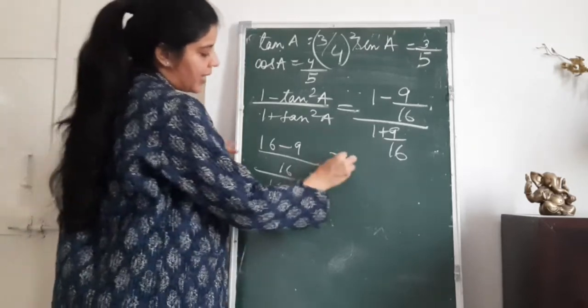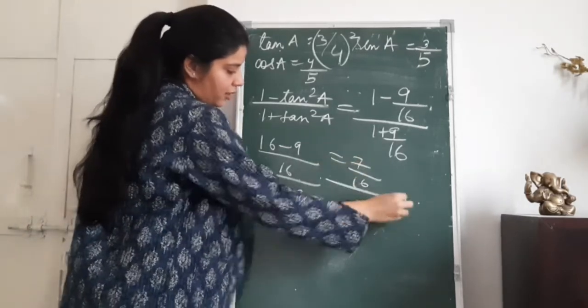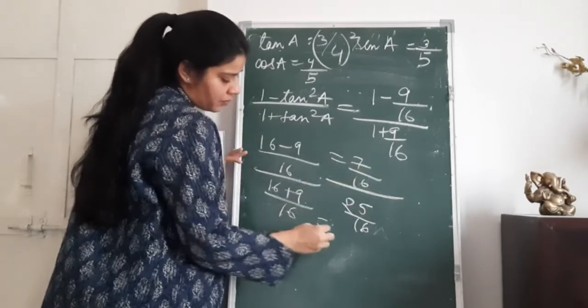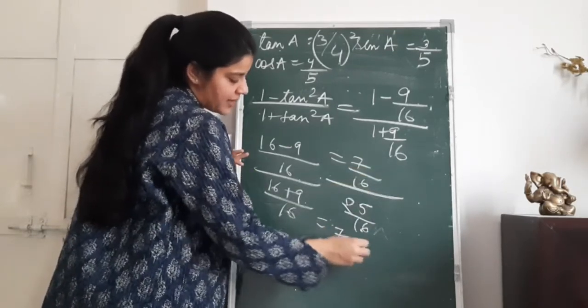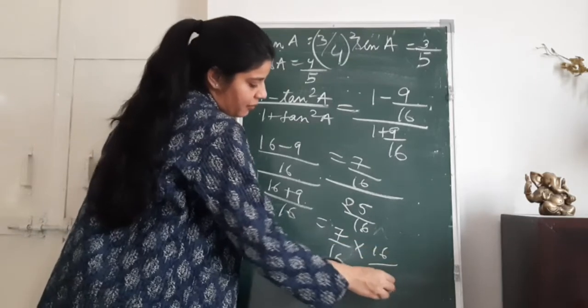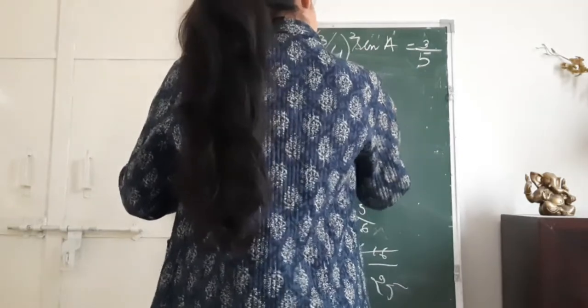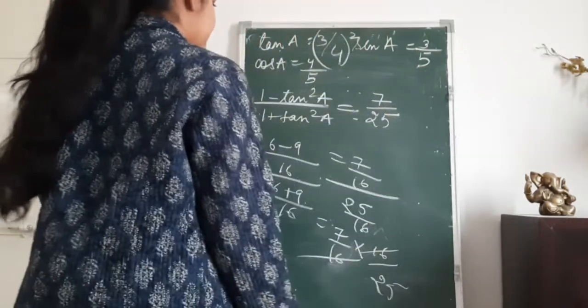And 16 minus 9 is 7 upon 16 upon 25 by 16. Again, taking this up, 7 by 16 into 16 by 25. 16 cancels. So 1 minus tan square A upon 1 plus tan square A is equal to 7 upon 25, right?